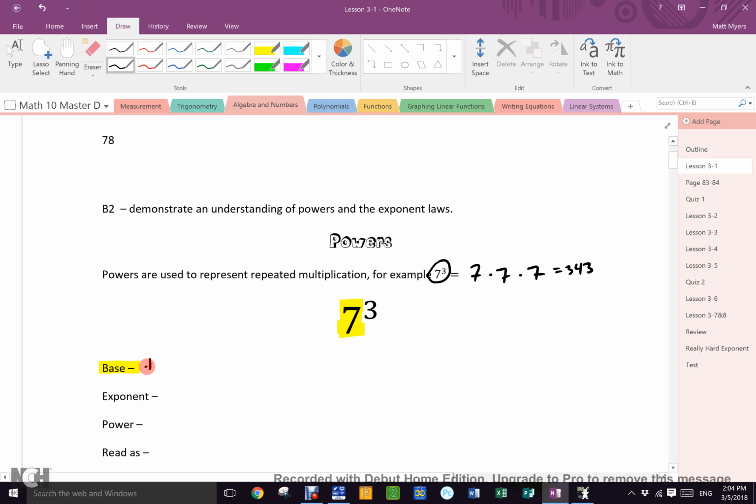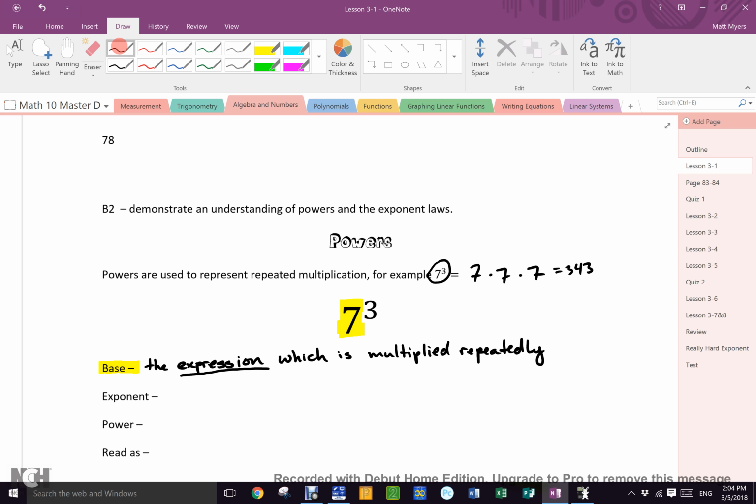We are going to change it to the expression.